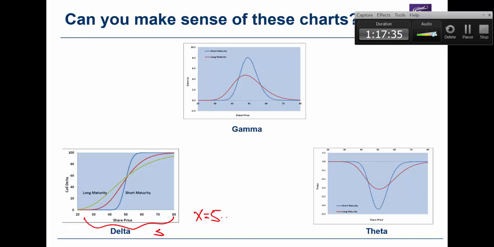With a strike of 50, you can see that delta is approximately 50 when it's near the money. And like I said, it changes very fast when it's near the money, and it changes even faster for short maturity compared to long maturities.